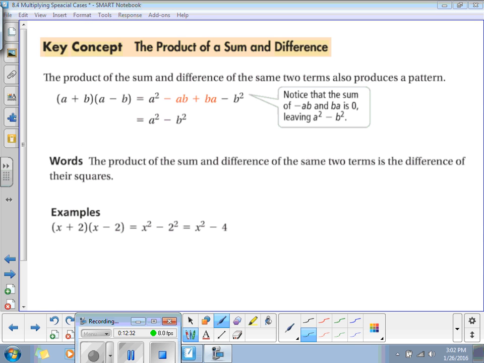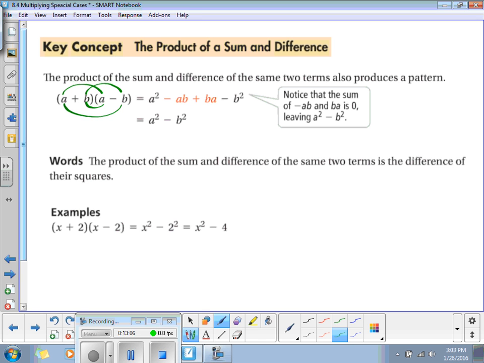All right, so now we have the product of a sum and a difference. The product of a sum and a difference of the same two terms also produces a pattern. So if I'm looking here, we have A plus B times A minus B. If I do FOIL, first, outer, inner, last, you'll see A times A is A squared.